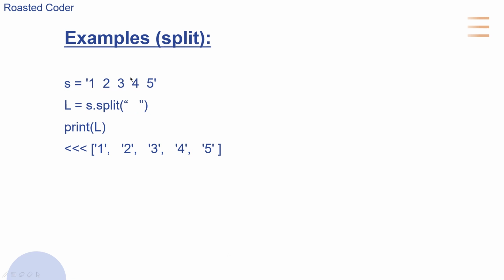If you want to split this using a space, you can see in between every integer or digit there is a space. So we can simply pass a space to the split function and it will return every element as characters. In most cases you will have this type of input, and we have to extract all the integers from this input.